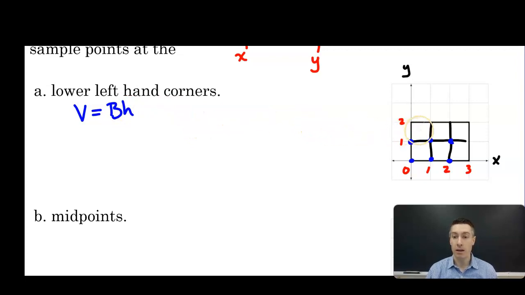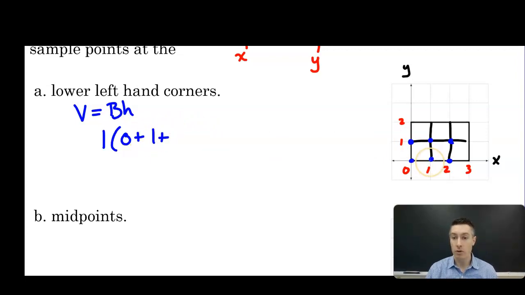The nice part here is each base has the same area. Each rectangle, in this case it's a square, has the same area, so we can just factor it out and say 1 as the area of the base, and now just sum up the function values at each of our sample points. So at 0, 0, 2x plus y squared is 0, and then at 0, 1 we have 1.